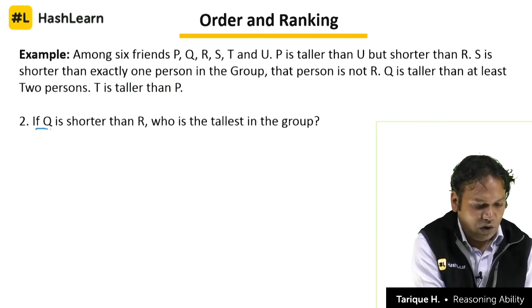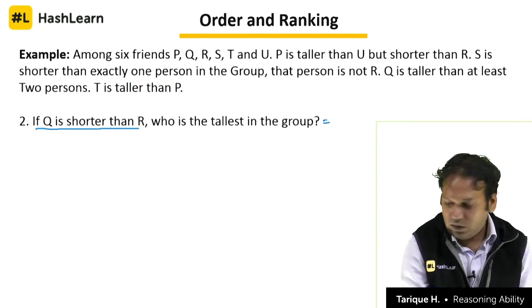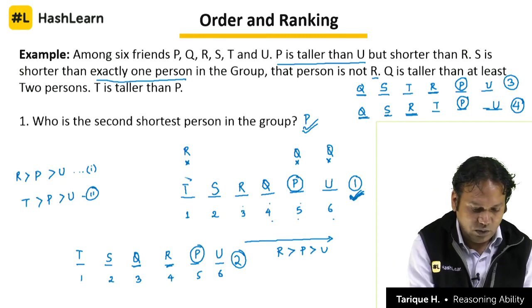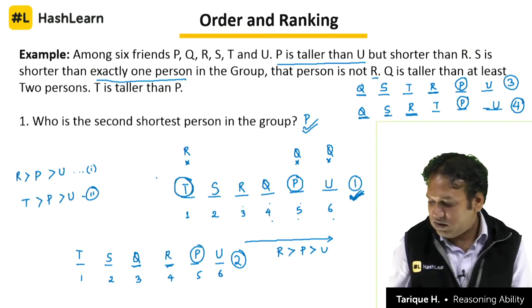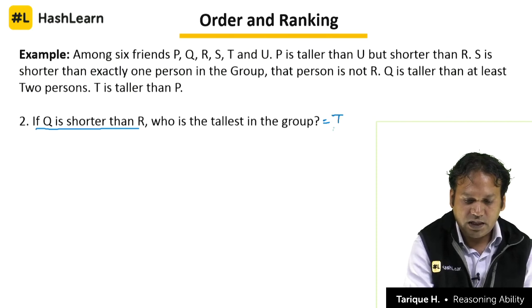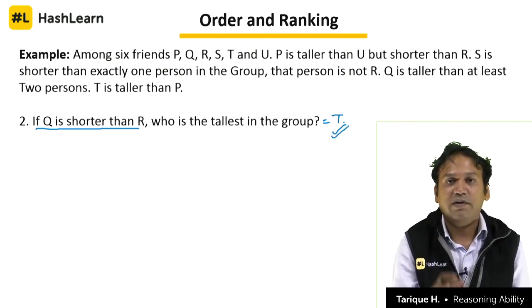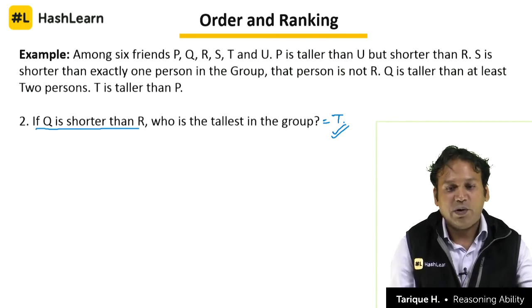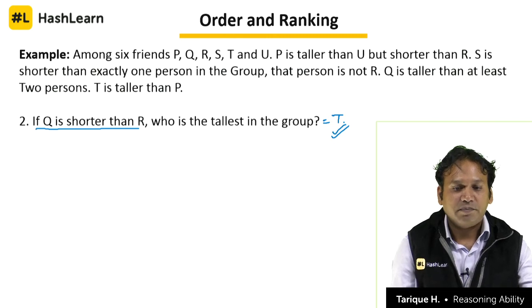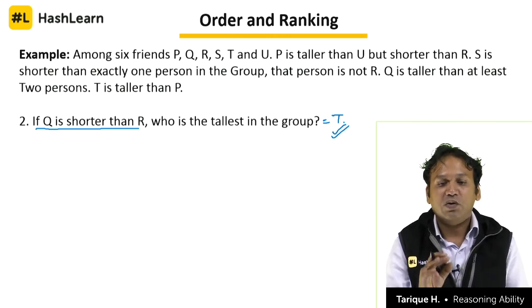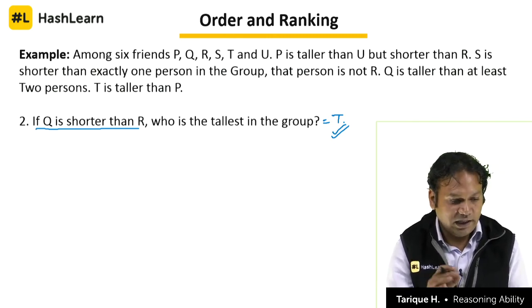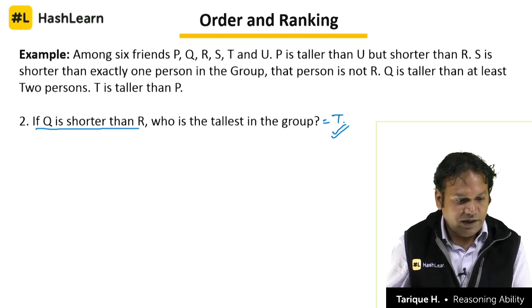So if you refer to the case here, who is the tallest in the group? That is T. So the answer is T. That is what we are talking about, taking cases and solving the question. It is very important to understand this case based solving, so that you can solve questions efficiently and get the answers without any difficulty.